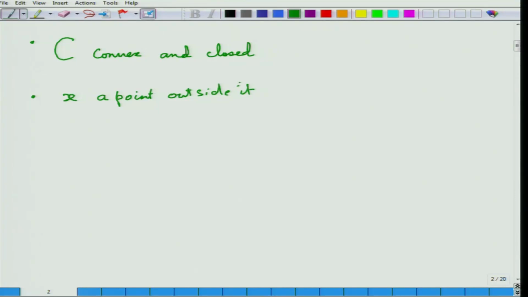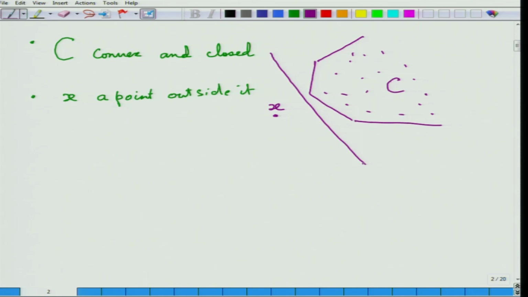So, what I have here is something like this: a set C and a point X outside it. What we intend to say is that this set C and this point X can be strictly separated. So, what do I mean by this?